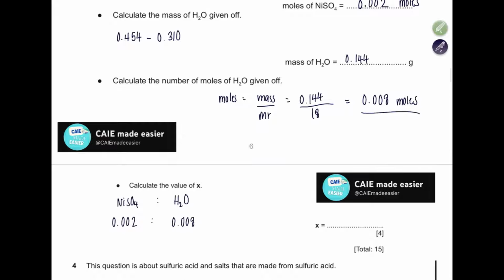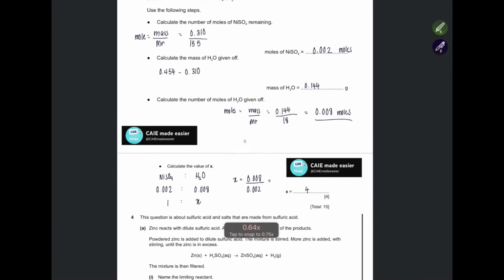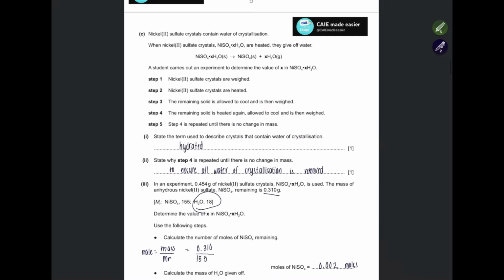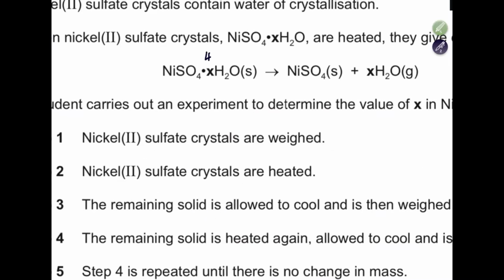So X is the ratio for water to 1. This is going to be 0.008 divided by 0.002. That is 4. So it's going to be NiSO4.4H2O.